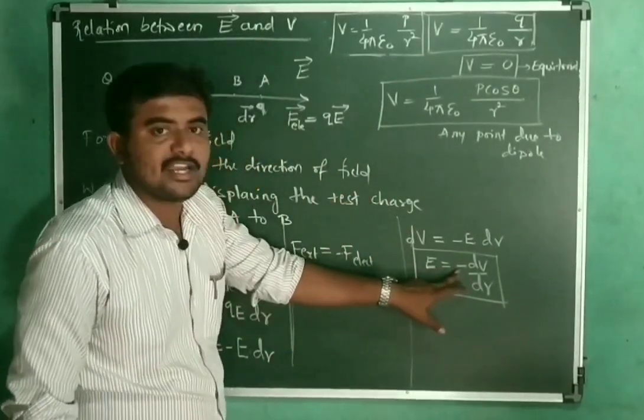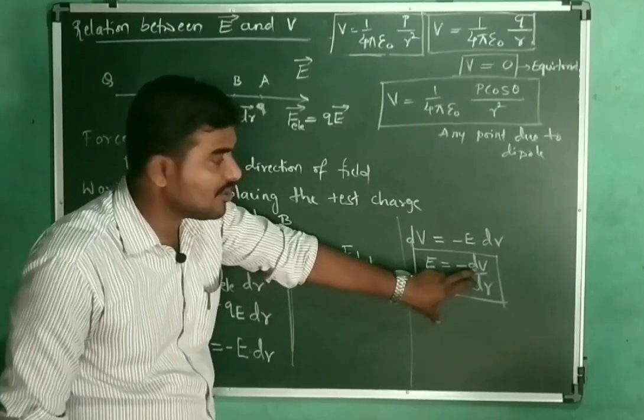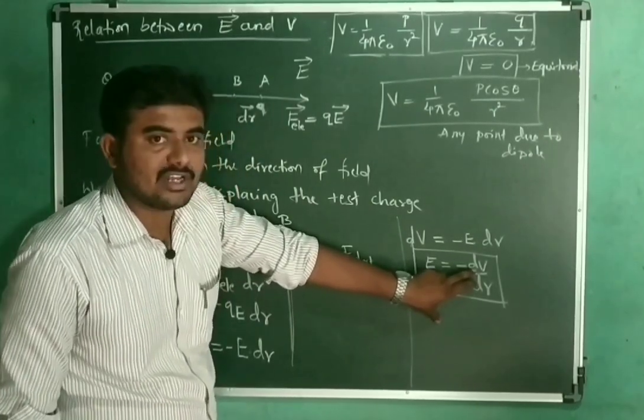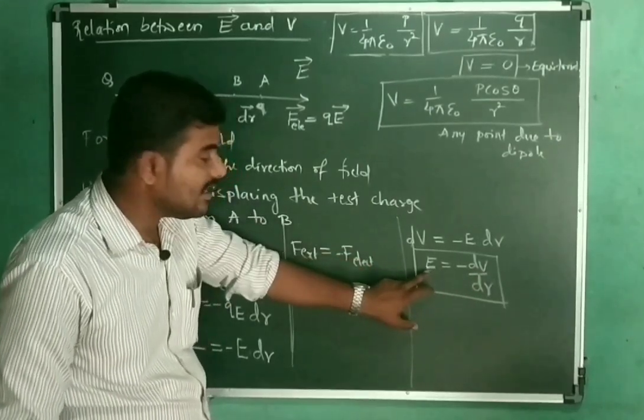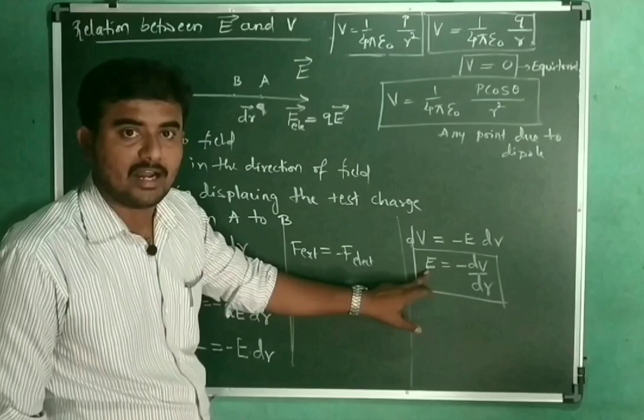This negative sign indicates what? Change in potential with distance is opposite to the direction of electric field. Understood?